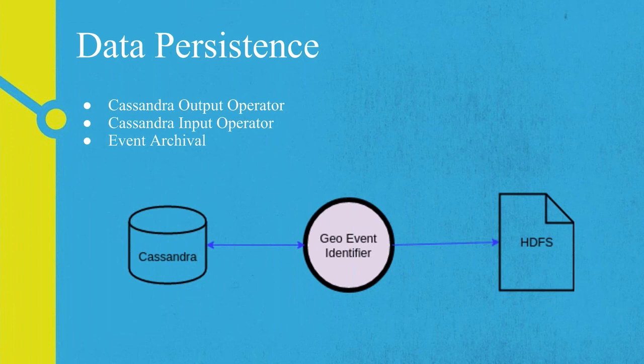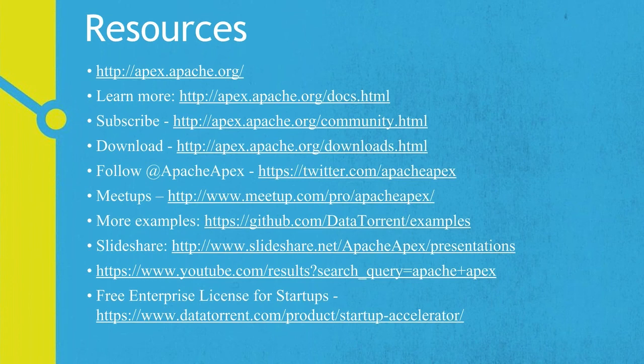At the same time, those events are archived on HDFS. We had existing implementations from the Malhar library, which helped us implement this use case end to end in almost two months. This is a pretty complex use case, and without DataTorrent RTS and the Apache Apex platform, it would have been much more difficult to finish in two months.